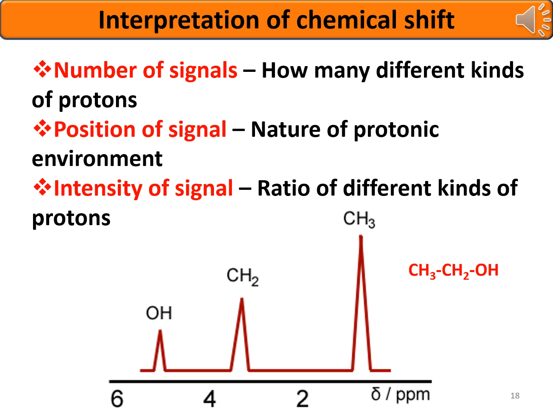And this nature is directly related to the position of signal. And the third one is number of protons present in each chemical environment. And this is related to the intensity of NMR signal. Below is the NMR spectrum of ethanol, CH3CH2OH.